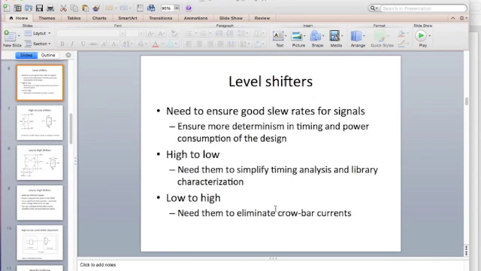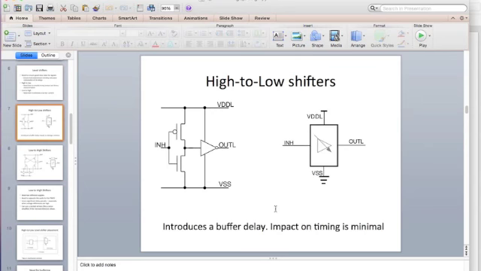But then you have this complexity that you don't know which logic gate the signal from the high voltage domain will be feeding. So when you want to do analysis, you have to have characterization of every logic gate, because you don't know which one will be used at the interface boundary, for the input voltage, the high voltage, and the voltage at which the logic gate works. That will lead to a lot of characterization. So you might want to put an interface cell where you absorb the characterization complexity, and all the other cells are characterized for whatever voltages they are supposed to run at. And of course, for low to high, we need to eliminate the crowbar currents.